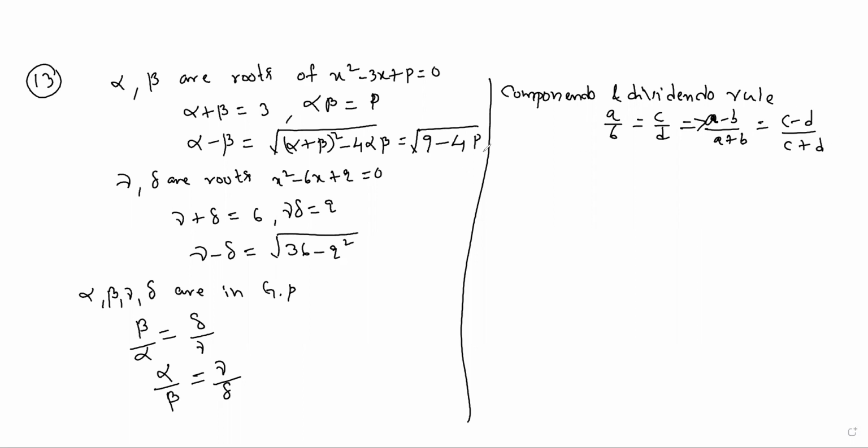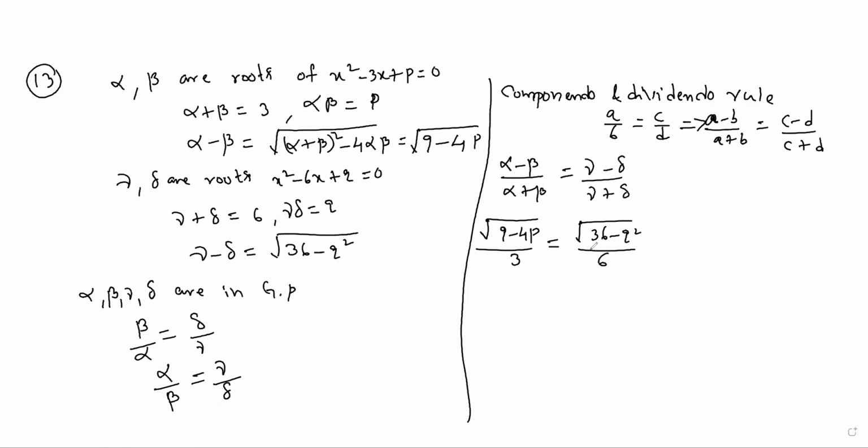Same thing here: alpha minus beta by alpha plus beta equals gamma minus delta by gamma plus delta. Alpha minus beta we already know is square root of 9 minus 4p, alpha plus beta is 3. Gamma minus delta we got as square root of 36 minus 4q, gamma plus delta is 6.